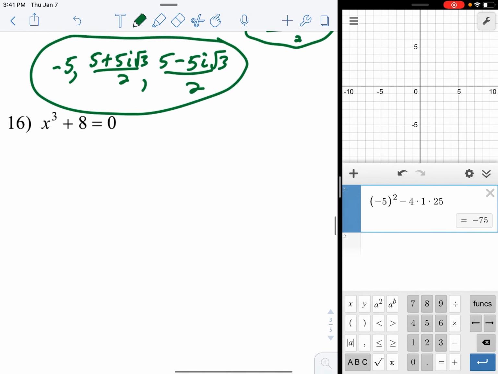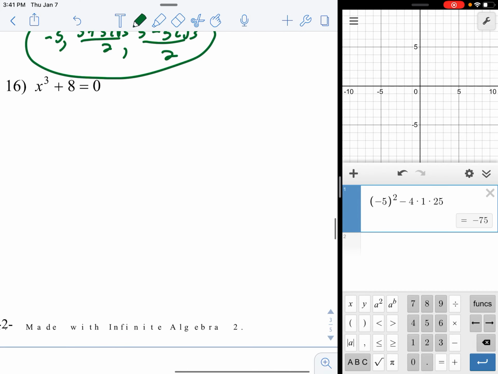So let's do this. Number 16 is a sum of cubes. The sum of cubes formula: a cubed plus b cubed equals a plus b, times a squared minus ab plus b squared. 8, of course, is 2 to the third power. So everywhere there's an a, that's where I'm going to put in x.